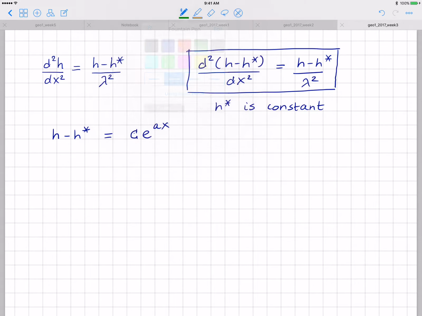We have to take derivatives and then substitute into the differential equation. So the first derivative, dh minus h star dx, we take the derivative of c times e to the power ax, that becomes c times a times e to the power ax.